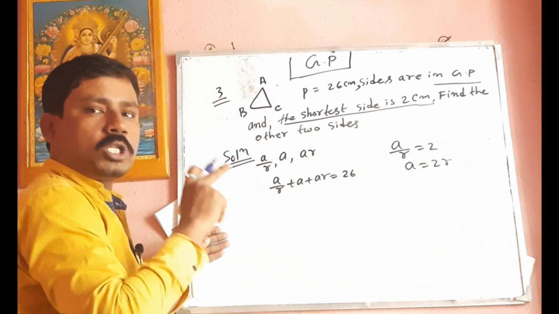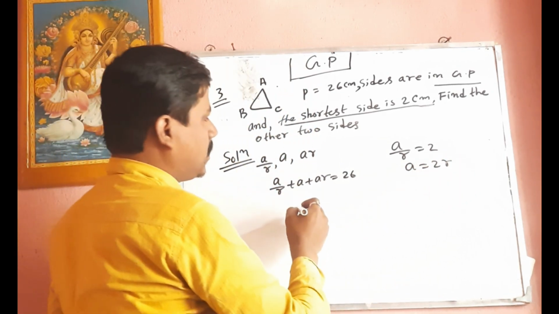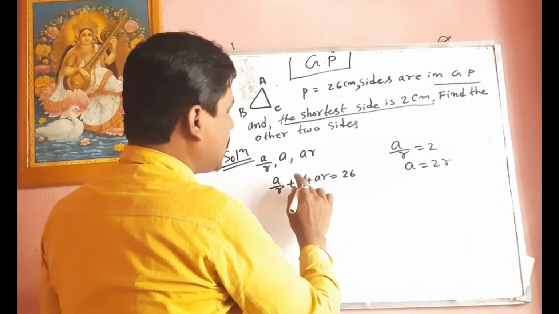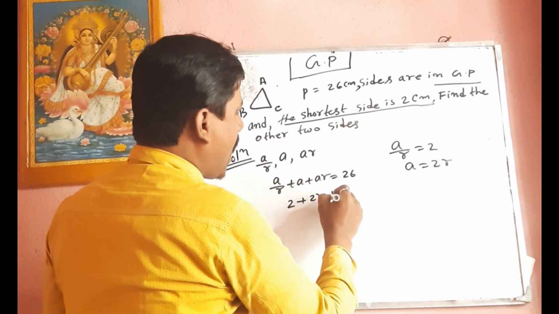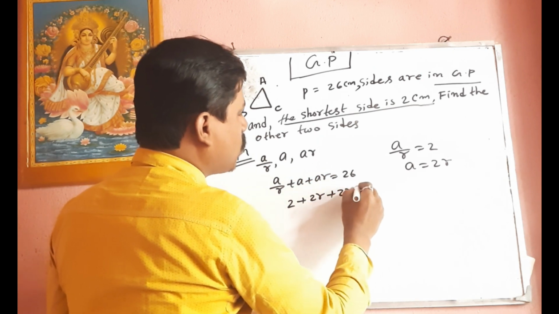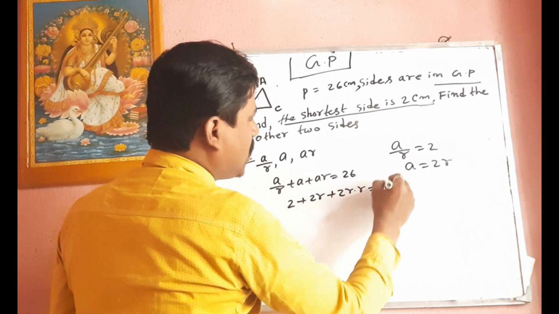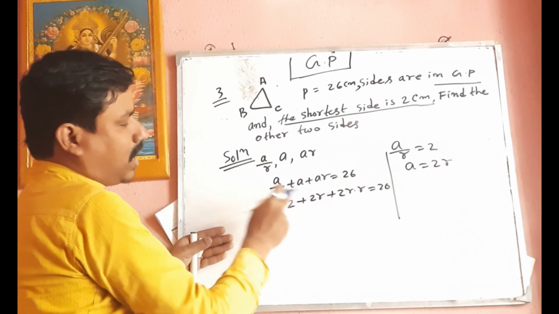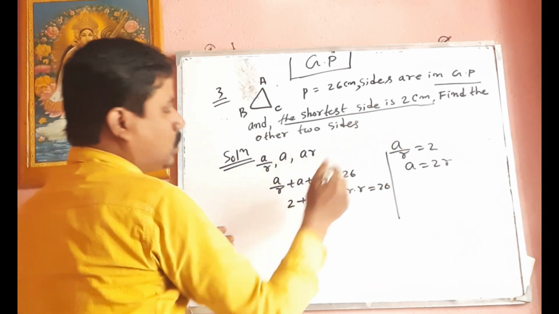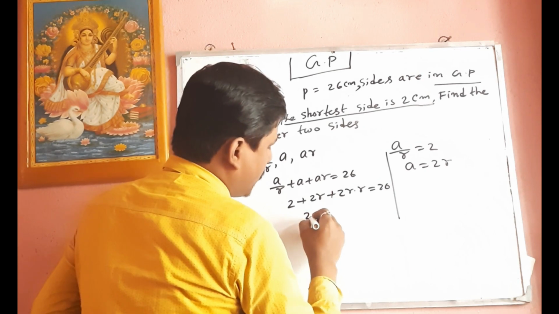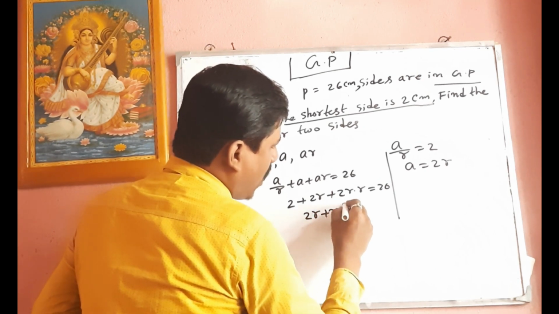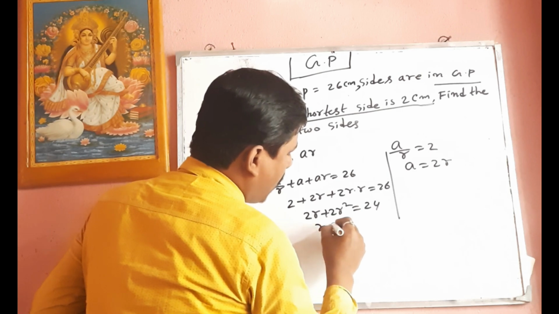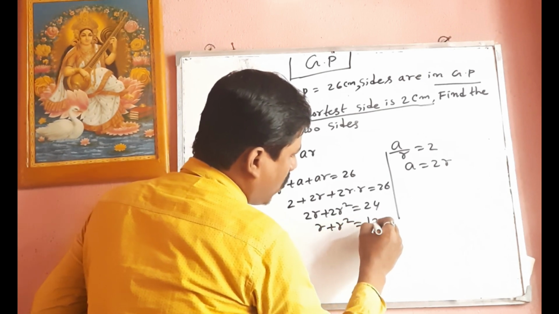If we put the value of A, then we get 2 plus 2R plus 2R into R, and this is 26. That is 2R plus 2R square is equal to 24. That is R plus R square is equal to 12.